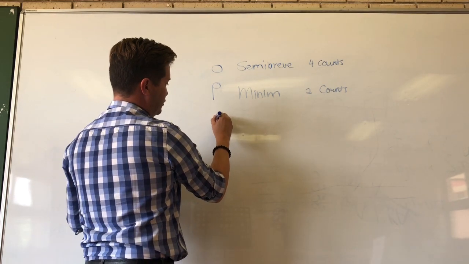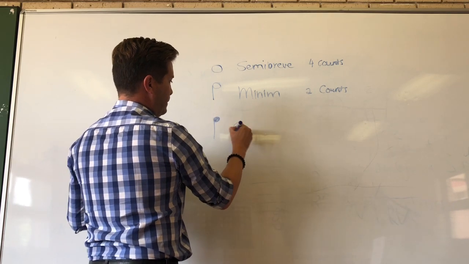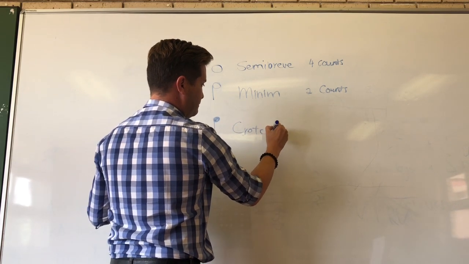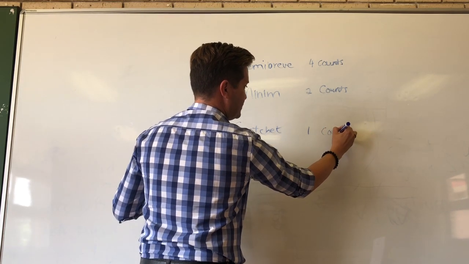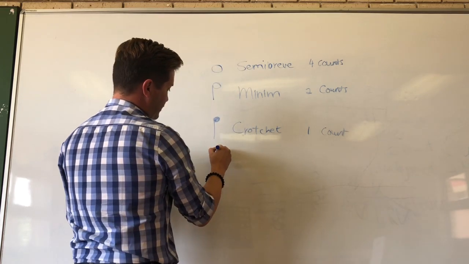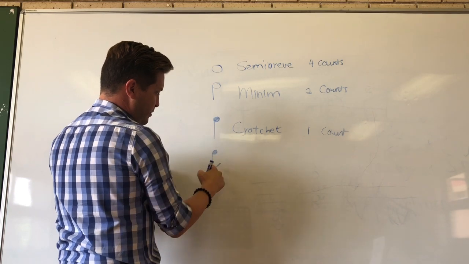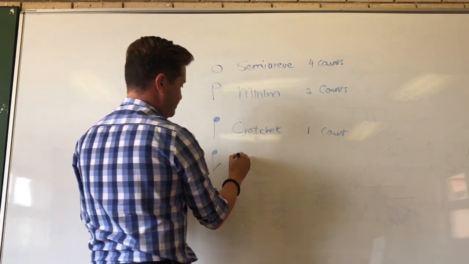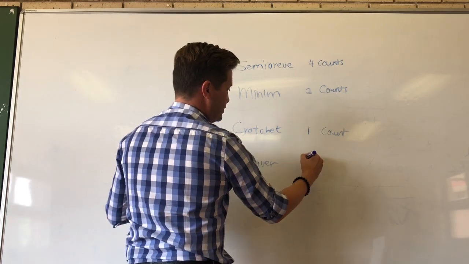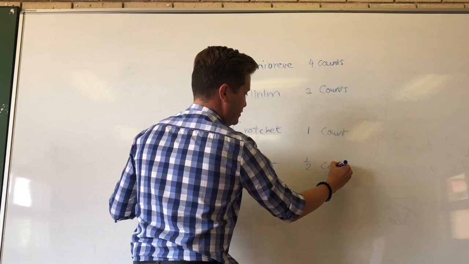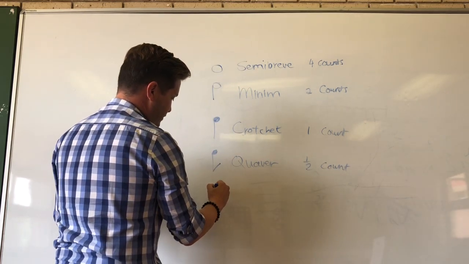The crotchet looks like the minim, but it's colored in, and the crotchet is valued at 1 count. The quaver again looks like the crotchet, but it's also got the stem with a little flag or a tail. The quaver is half a count, and then we go down to a semi-quaver.